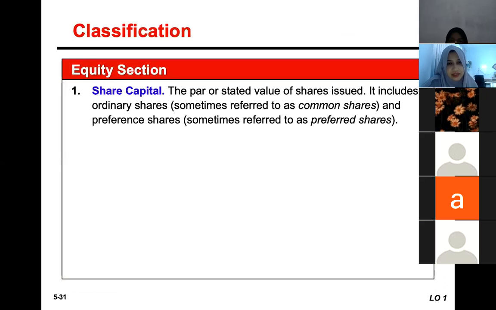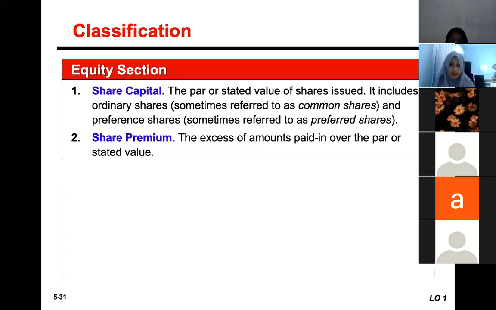Equity section is share capital. Share capital is the par value of the shares issued. It could include ordinary shares and preference shares. And we have share premium. Share premium is the excess of the amounts paid in over the par value or stated value.